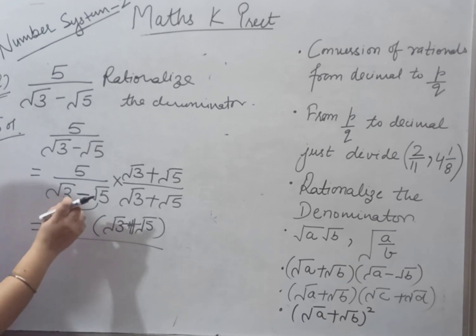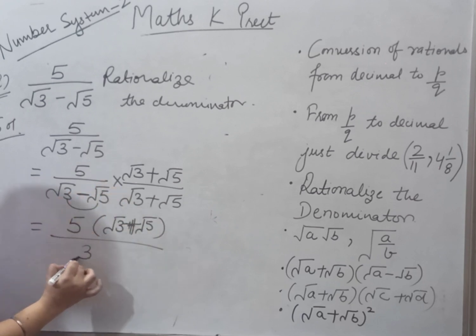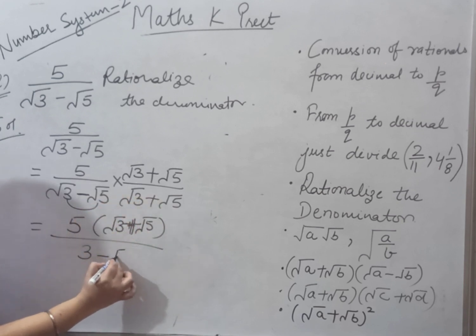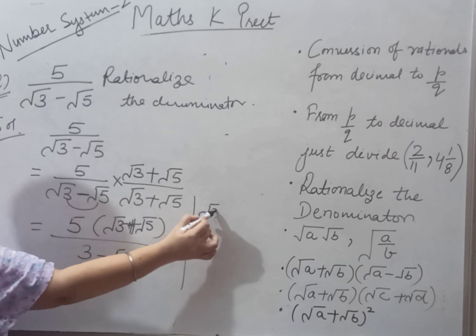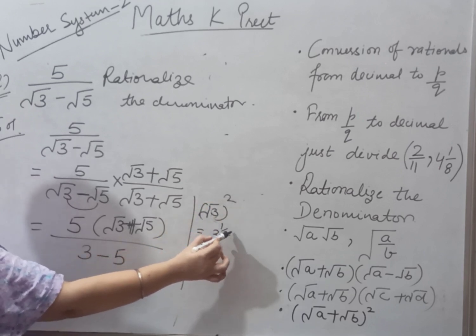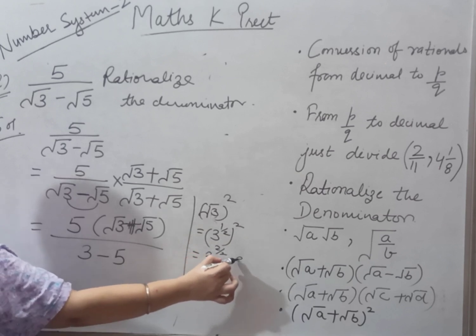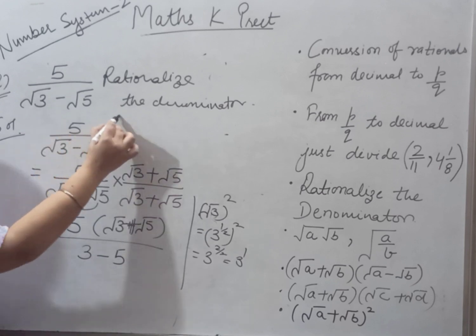So root 3 square minus root 5 square is what? Root 3 square is 3 and root 5 square is 5. Root 3 square can be written as 3 raised to power 1 by 2 square, 2 by 2, which is 3 raised to power 1. So 3 minus 5.